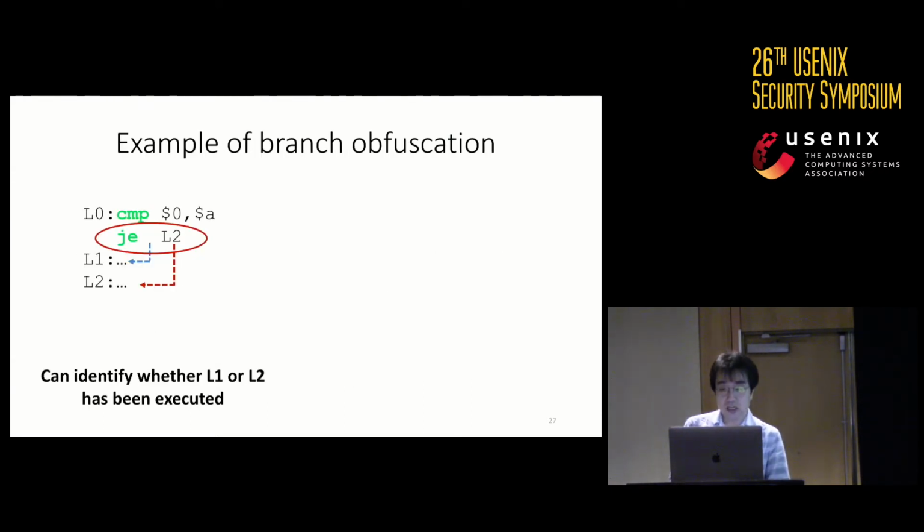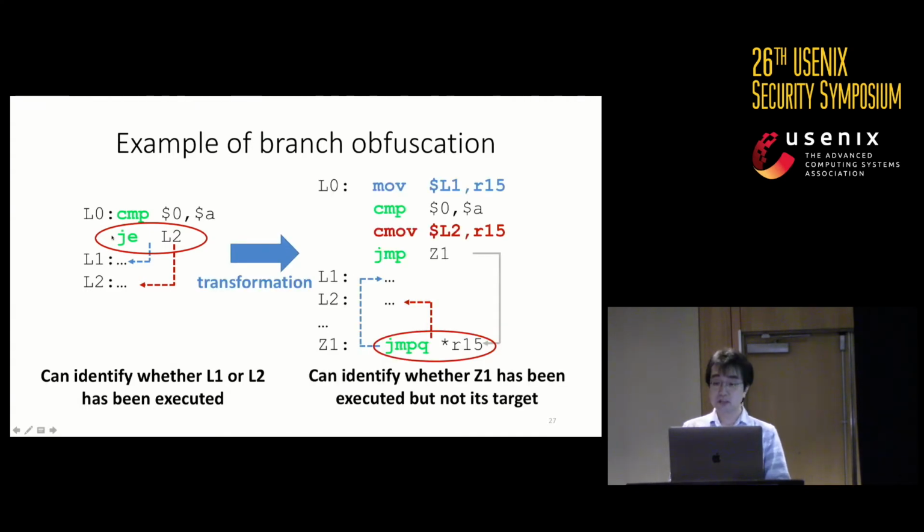I will explain how our branch obfuscation works with a simple example. Before the transformation, we can easily identify whether L1 or L2 has been executed by attacking this conditional branch. However, after our transformation, like the right code, we are no longer able to know whether L1 or L2 has been executed, because the branch shadowing attack cannot know the destination of indirect branches.